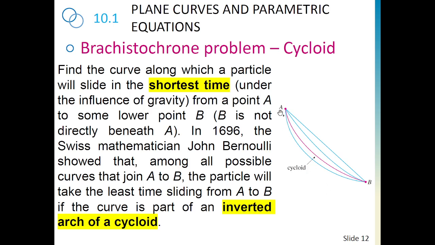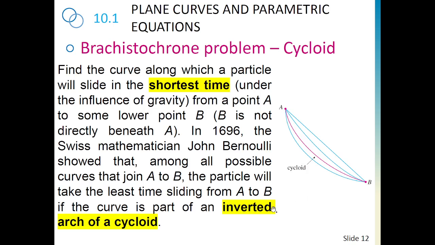Now, some applications. The weird thing is, if I have 2 points, for instance, this is just an illustration, and I let a ball roll from A to B, I would like to know which path will produce the shortest time. So the ball will roll, let's say the fastest, taking less time to go from A to B. Which of these paths, a straight line or some type of curvy path?